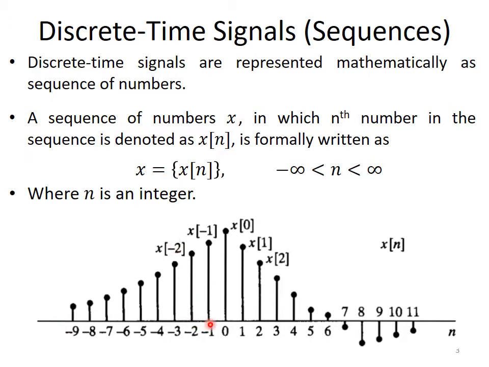And between the values, for example between -2 and -1, the discrete signal is not defined, it doesn't have any value. We usually assume it is 0, right? Although it is not defined at non-integer values of n.